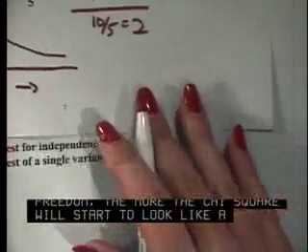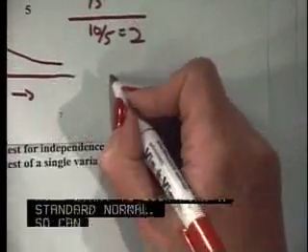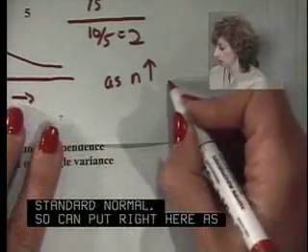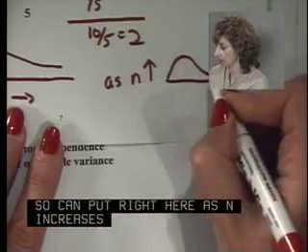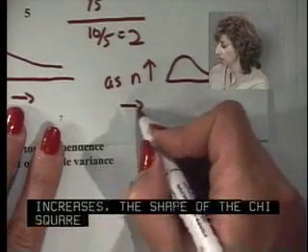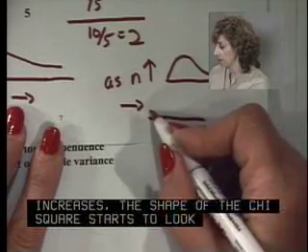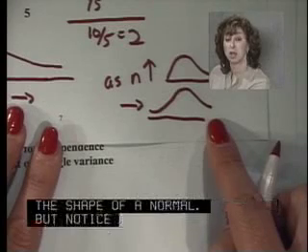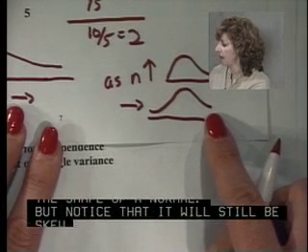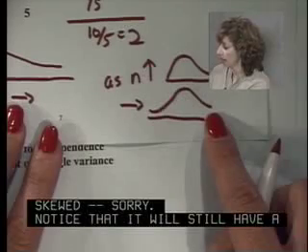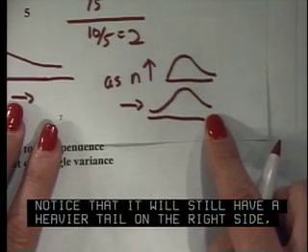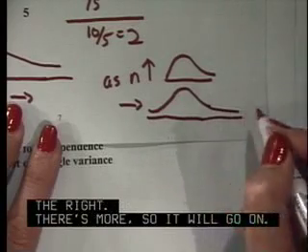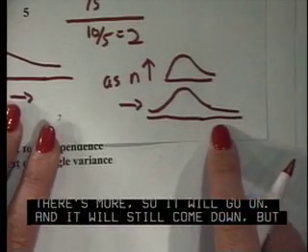So you can put right here, as n increases, the shape of the chi-square starts to look more like the shape of the normal. But notice that it will still be skewed. It will still have a heavier tail on the right side, so it will still come down, but it will always be a little bit skewed to the right.